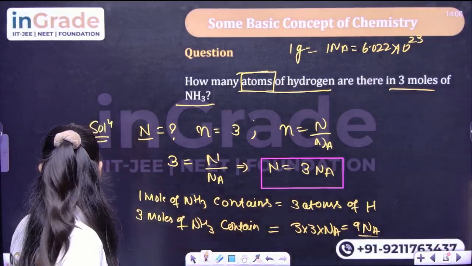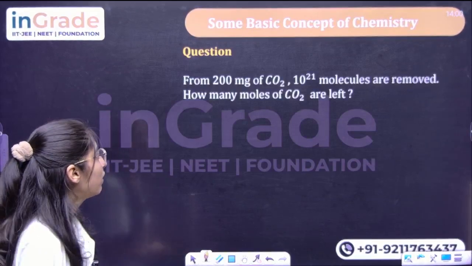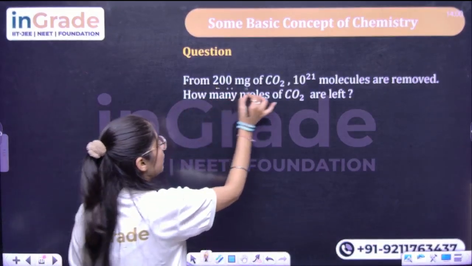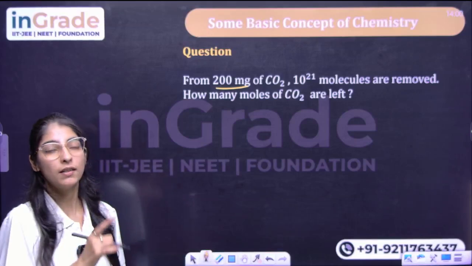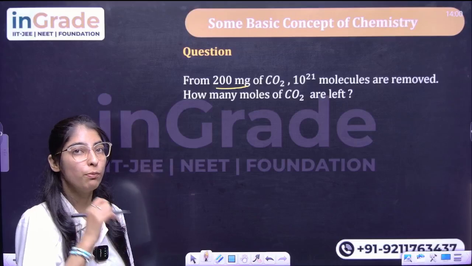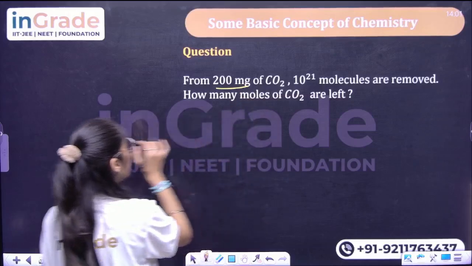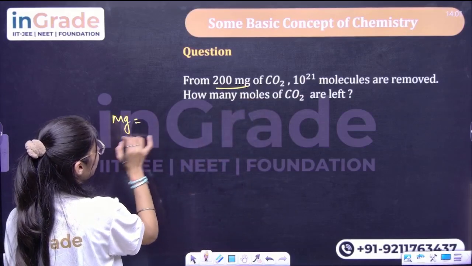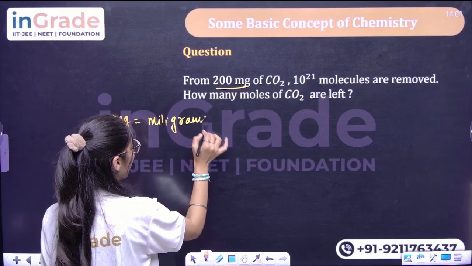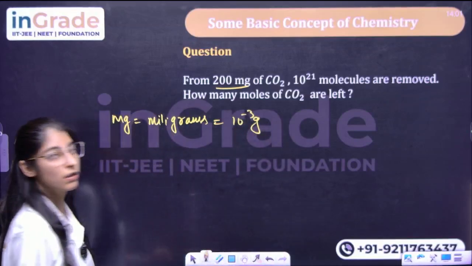So with this, now let's move further and see the next question. It says from 200 mg, you have to notice the unit that is written in your question. This is going to be very important for you to know about the unit. Here mg simply means milligrams, and we all know that milligram is equal to 10 to the power minus 3 gram.